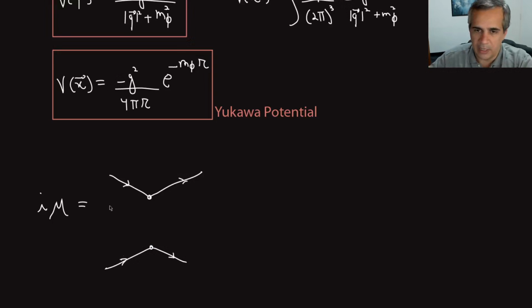So my momenta are K, R, K prime, R prime, P, S, P prime, S prime. But now, instead of exchanging a scalar here, I have a photon.